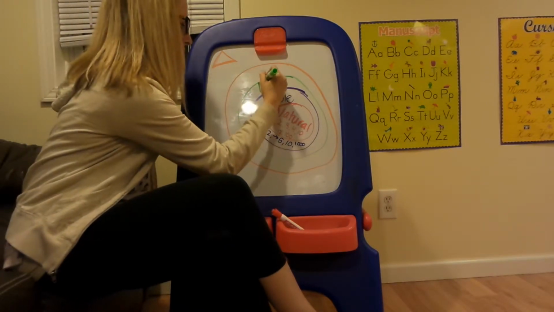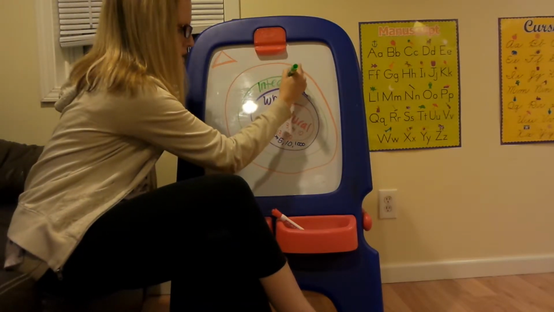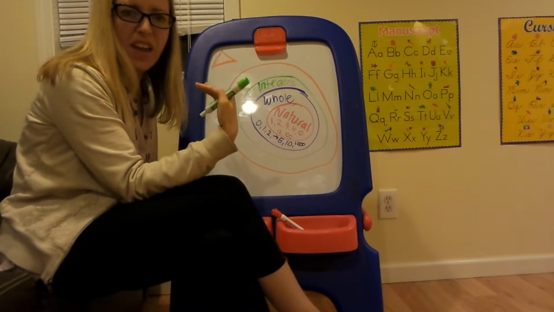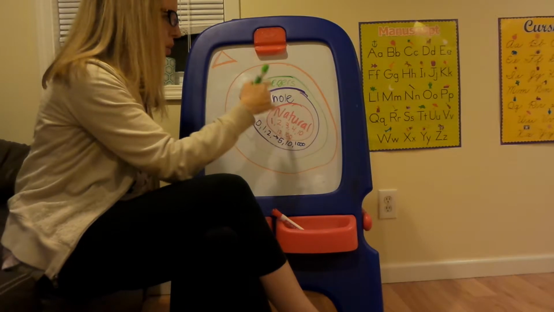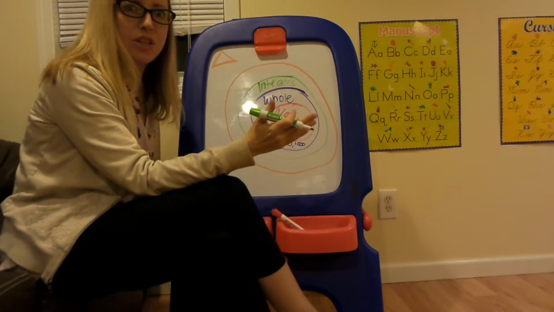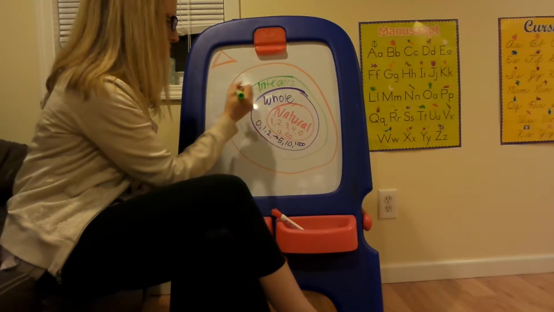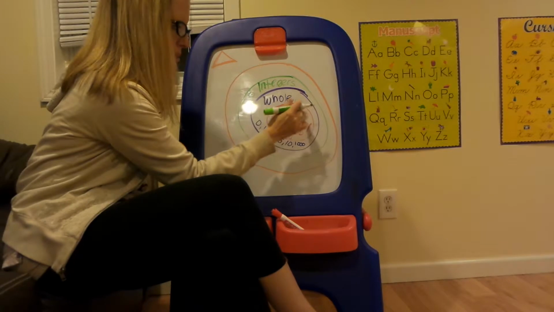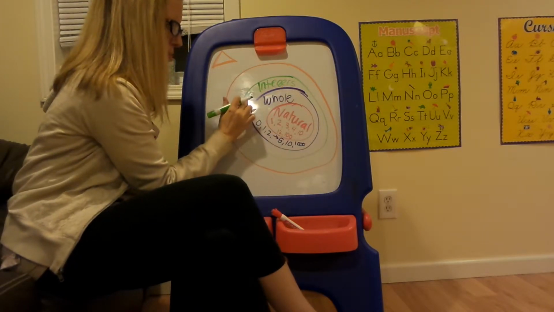Okay, here we have integers. Integers consist of positive and negative whole numbers. No fractions yet, no decimals yet, but we do add in negatives. So it does include 0, because it includes the whole numbers. Remember, anything in this ring is a part of integers.